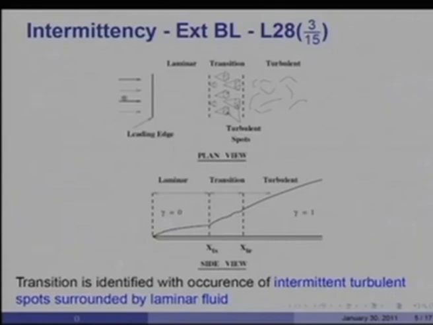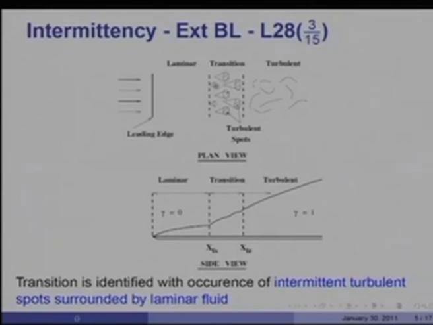If the flow is coming in from here, you will get very steady flow up to the start of transition. Then occasional spots of turbulence will be seen and then tend to grow, engulfed by laminar fluid, which kills the spots.